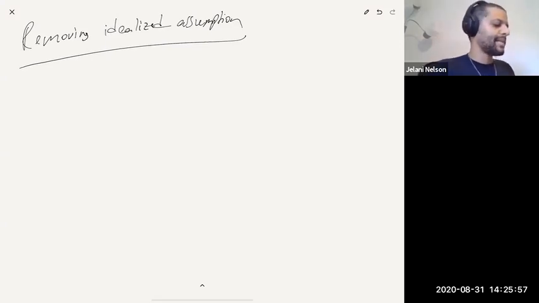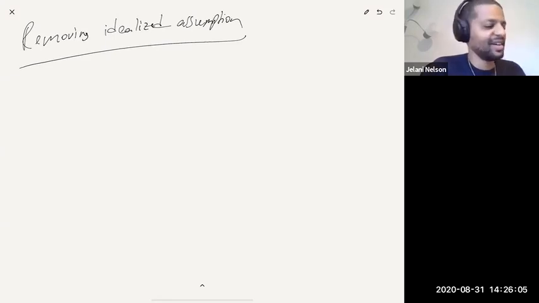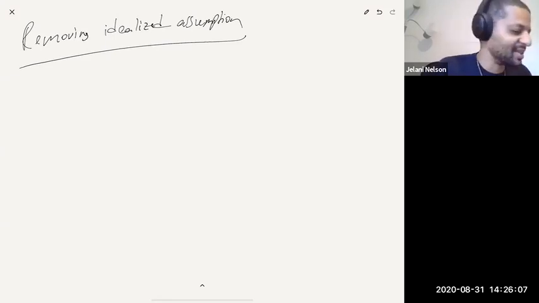The notes for Morris are already online. There's one PDF on the lecture website, and it's being written a chapter every few days. Subsection 2.1, approximate counting in Morris, is already there. So we want to remove the idealized assumption.